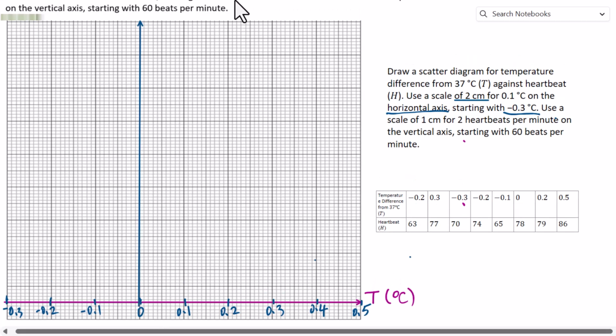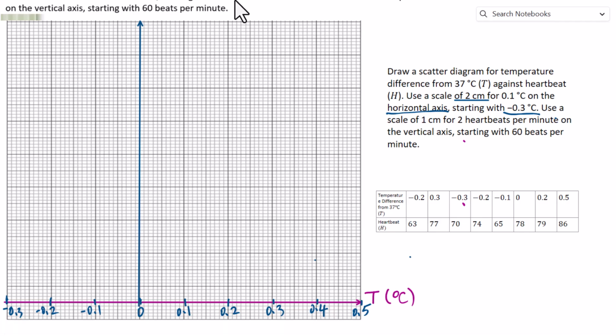For the y-axis, the variable is heartbeat with H, unit, beats per minute. Start with 60 beats. 1 centimeter for 2 heartbeats per minute.